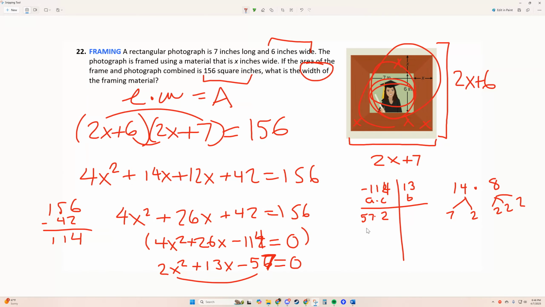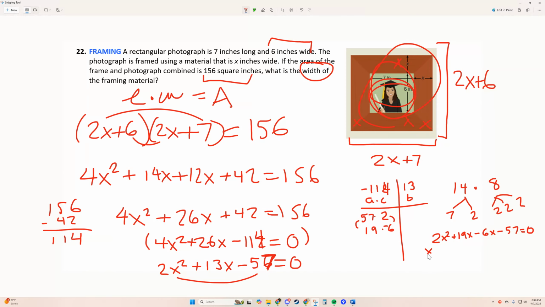I think, what about 19? Yeah, that's it. And 6. Because I know this is divisible by 3, and then I triple it. So thirding and tripling. I'm going to make this one negative. So I have 2x squared plus 19x minus 6x minus 57 equals 0.